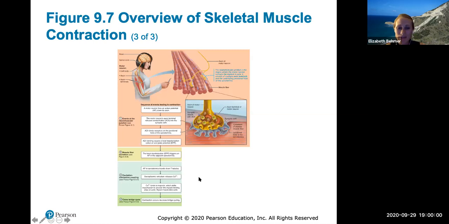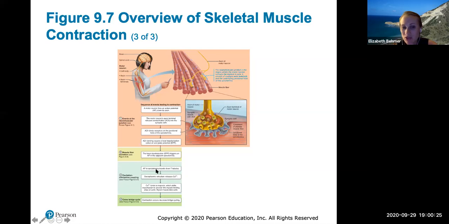Here's another great picture of what I just talked about, but it takes you through the steps of each in detail. We'll start right here at step number 2. When acetylcholine is bound, it causes a depolarization of the skeletal muscle fiber cell, and depolarization just means that the membrane potential changes, and that means an electrical charge is going through it.